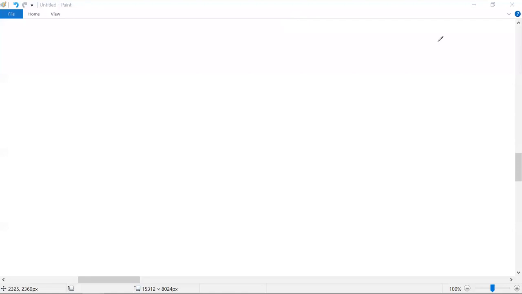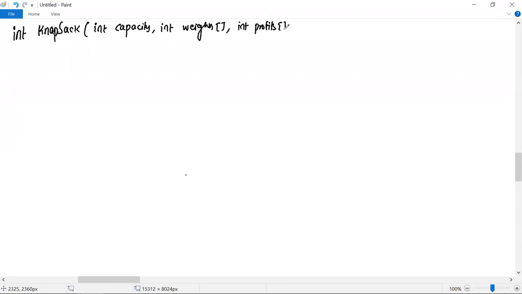Yeah. Now we will write the code. What I'll write, I'll write int knapsack. This is not the only standard way, you can write in any way. Int capacity, comma, int weights array, weights is the weight array, int profits array, and we have number of objects, right?